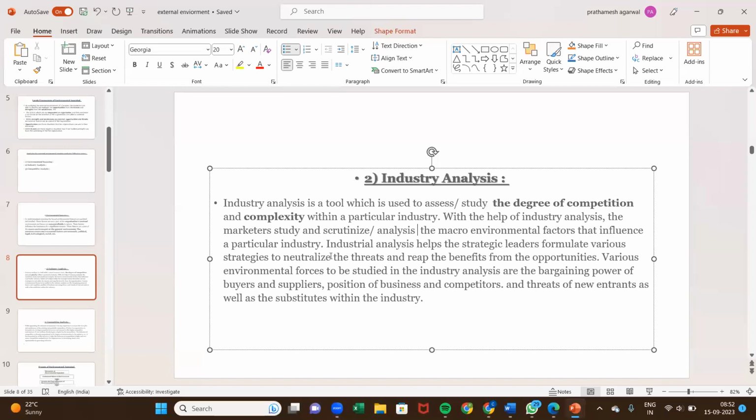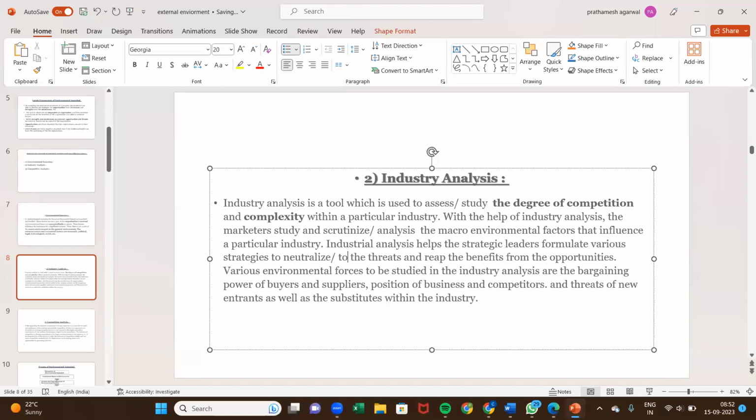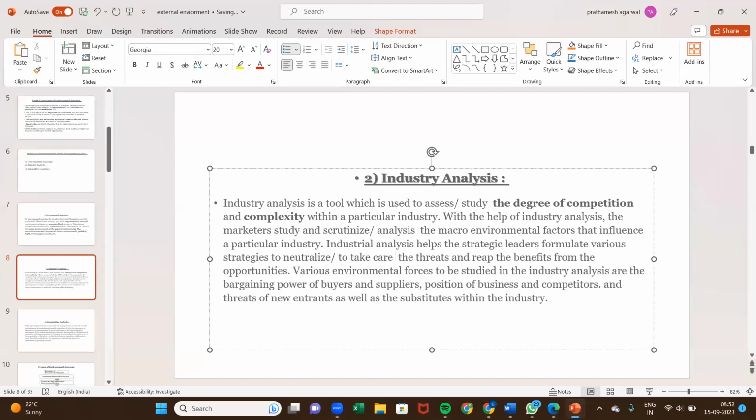I'll write here in simple English: to take care of the threats and reap the benefits from the opportunities. Reap means enjoy the benefits from the opportunities.